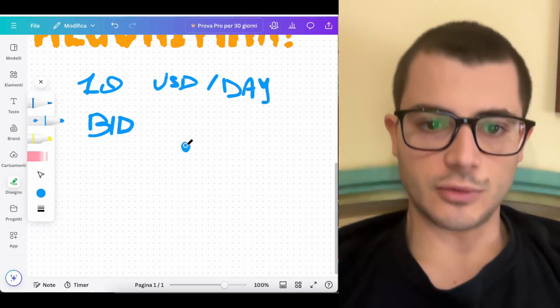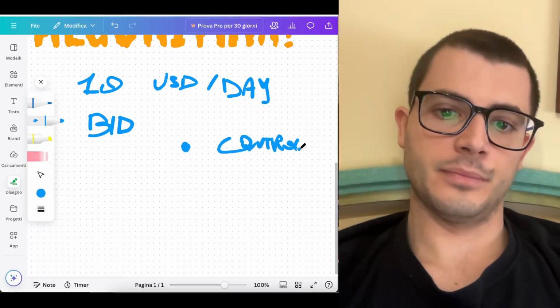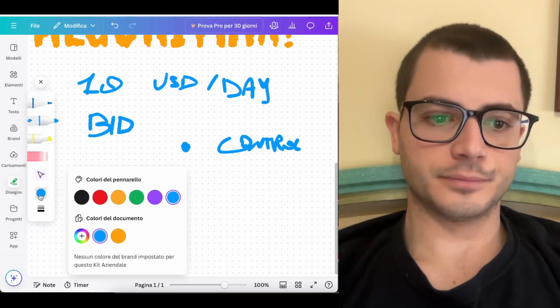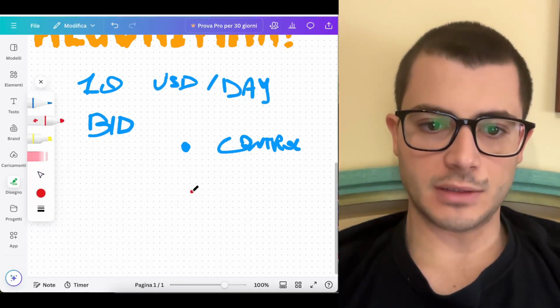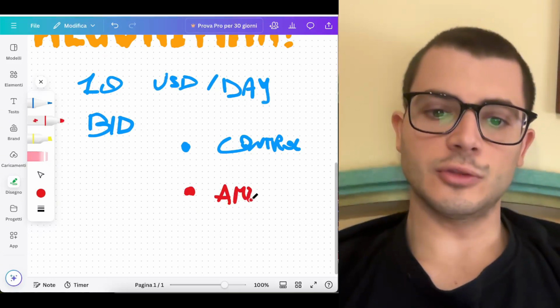The blue is what you control, and then we have the red, which is what Amazon controls.